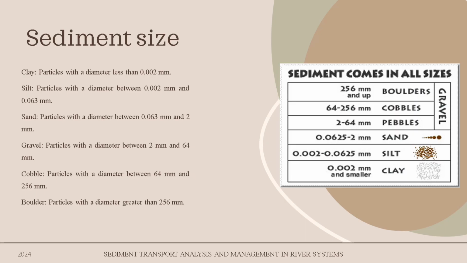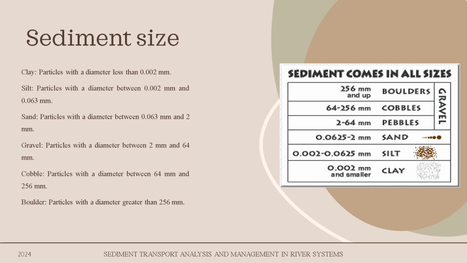As you can see, this is the sediment size. Clay is a particle with a diameter less than 0.002 mm. For silt, the diameter is between 0.002 mm and 0.063 mm. For sand, the diameter is between 0.063 mm and 2 mm.